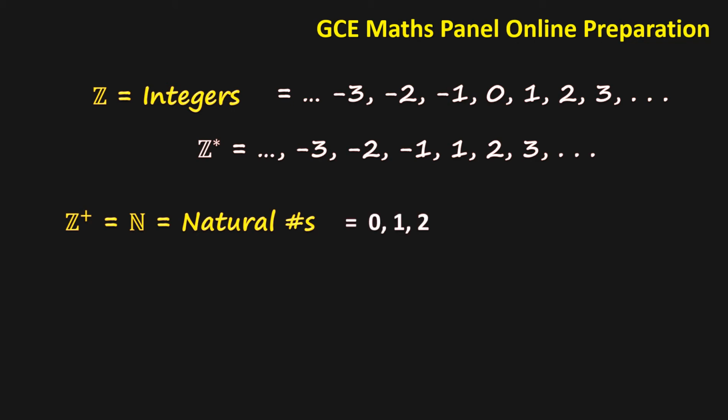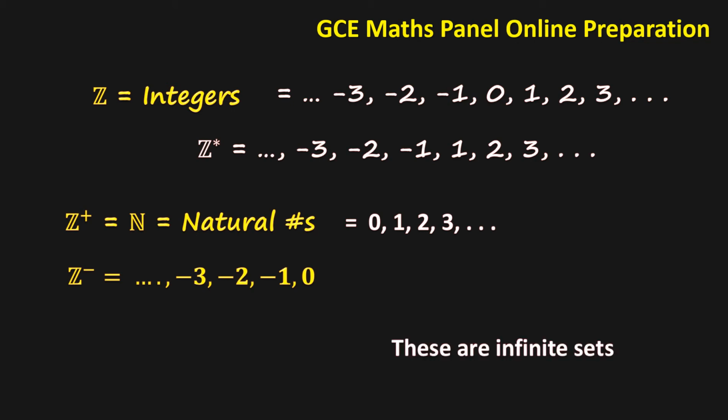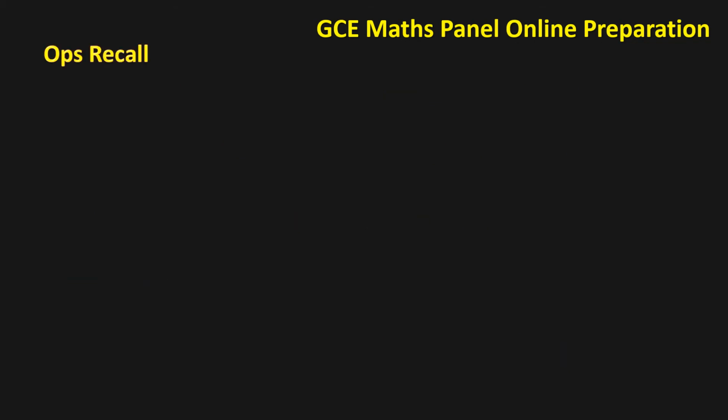You equally have negative integers, which are negative numbers from negative infinity right down to 0. Here you have to take note that the number 0 is a neutral number. It is neither a positive number nor a negative number, and as well all the sets which we have mentioned so far are infinite sets.